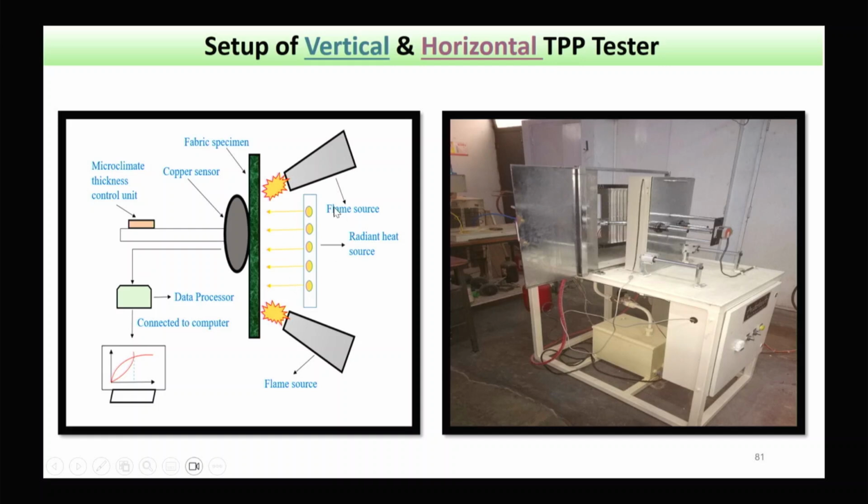In this instrument we can have both flame and radiant heat and their combination. So, all these combinations we can have, only flame or only radiant or both. So, we can see this instrument here.